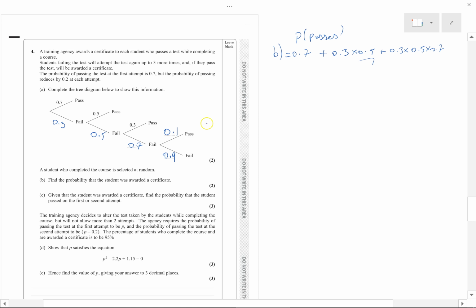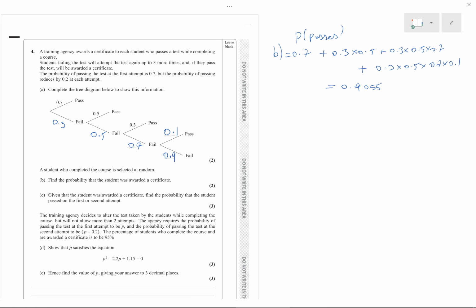And then finally the final branch here, starting on a new line, plus 0.3 times 0.5 times 0.7 times 0.1. And that comes to 0.9055. Nothing too difficult about that really. Nice tree diagram question so far.